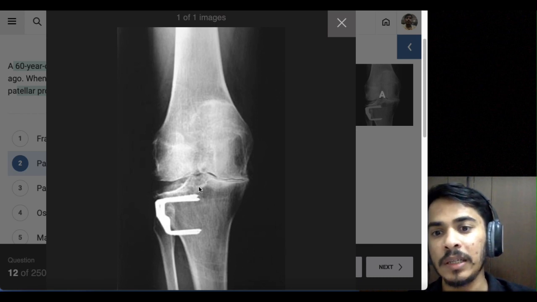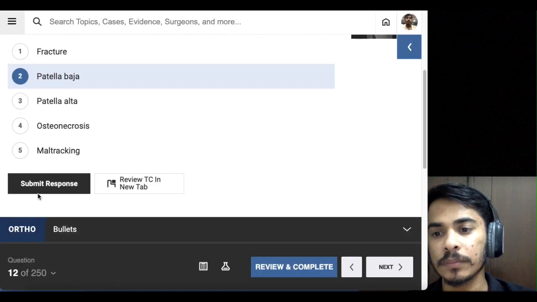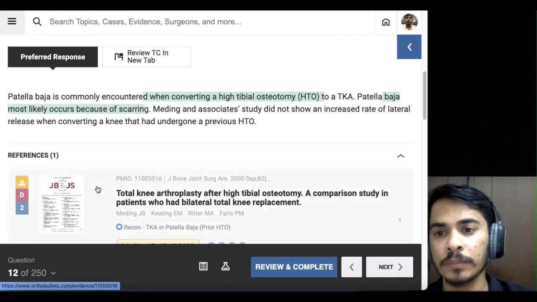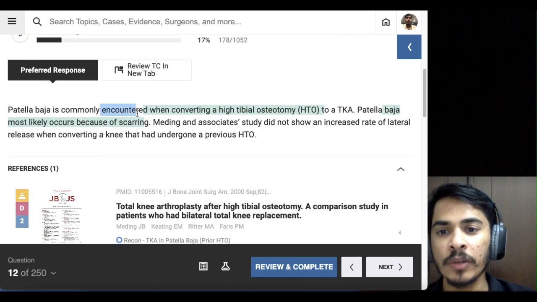So it will lead to patella baja. Patella baja is commonly encountered when converting a high tibial osteotomy. Patella baja mostly occurs because of scarring.